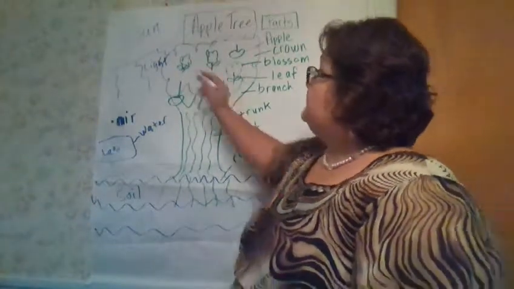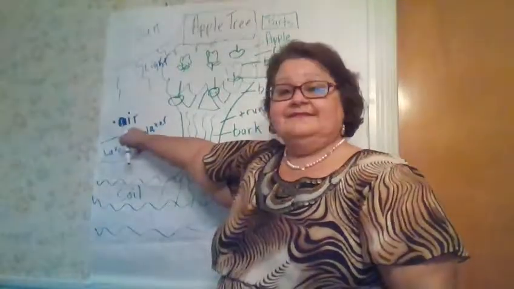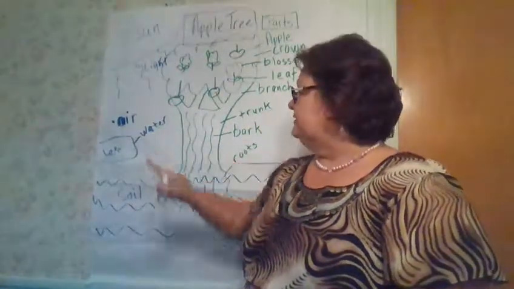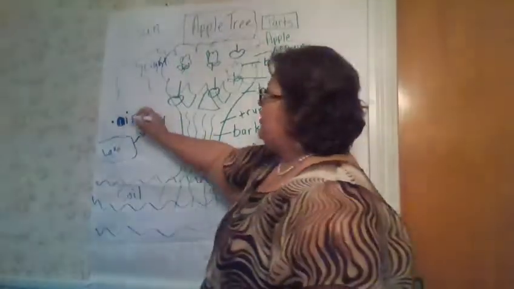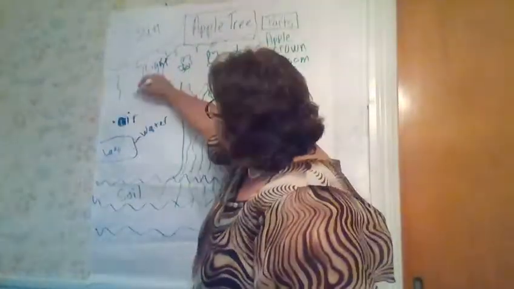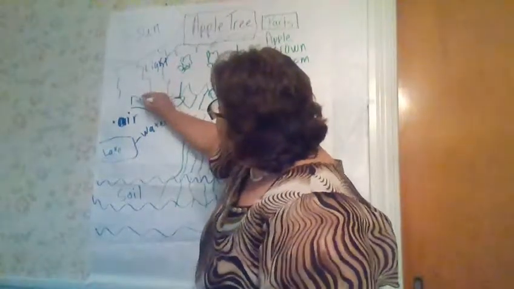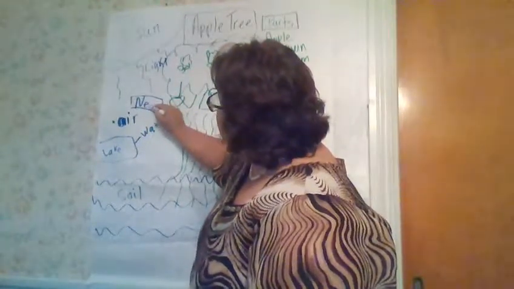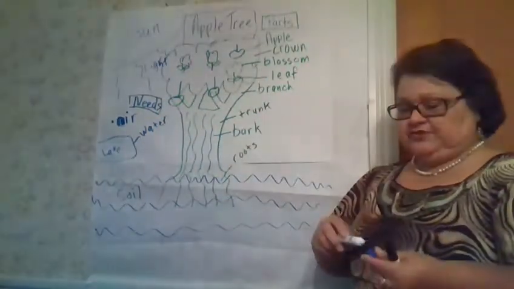So it needs sunlight, air, water, and soil. Very good. These are the needs. So let me label that here. Needs of the apple tree.